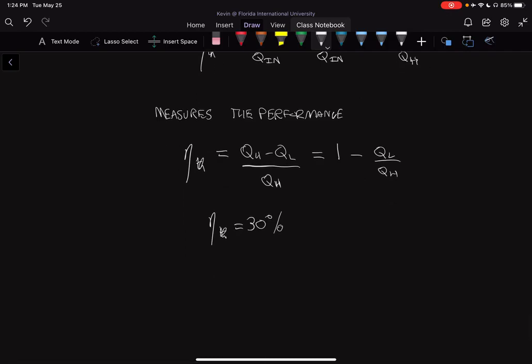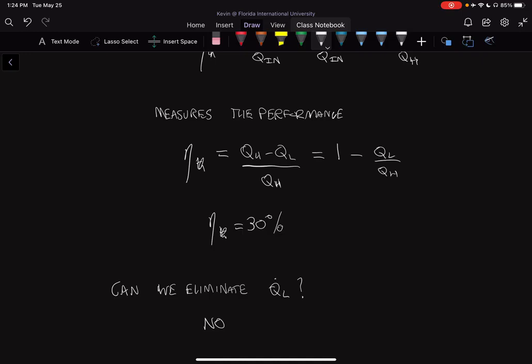Now, the question is, can we eliminate Q dot L? We already addressed the problem and said that it's impossible to eliminate Q dot L, because we wouldn't be able to complete the cycle.